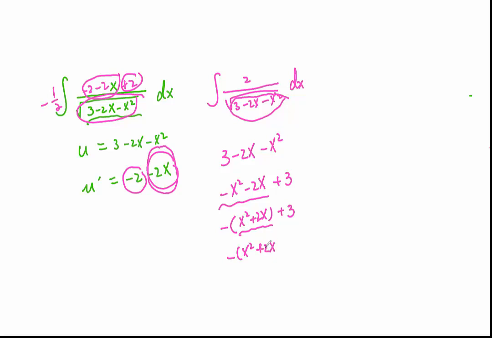I already have this video for you on the second exam folder. So I add 1 minus 1. Now I have a perfect square here, which is x plus 1 squared. Now I have negative x plus 1 squared, negative plus 1 plus 3, which is plus 4.